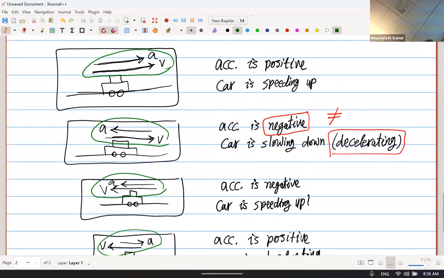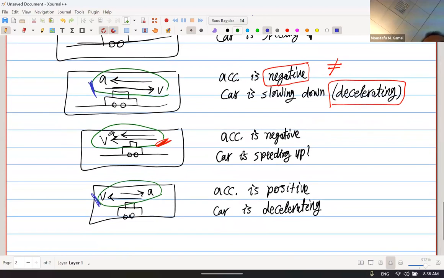If acceleration and velocity are in the same direction, like this one and that one, the object is speeding up. The speed is increasing. And if they are pointing in opposite directions, like in these two cases, the object is decelerating. Okay? So the speed is getting lower and lower.